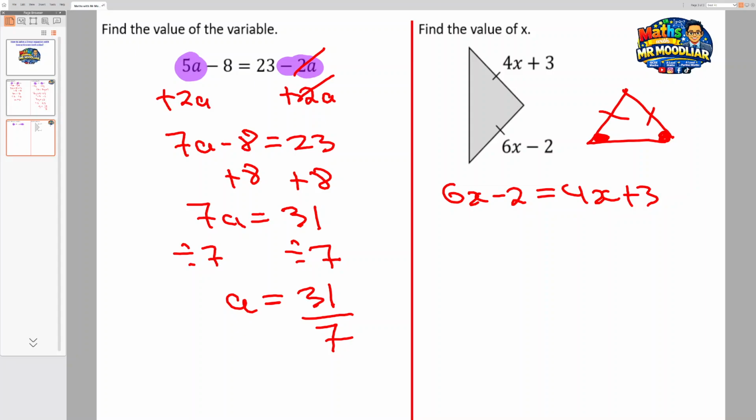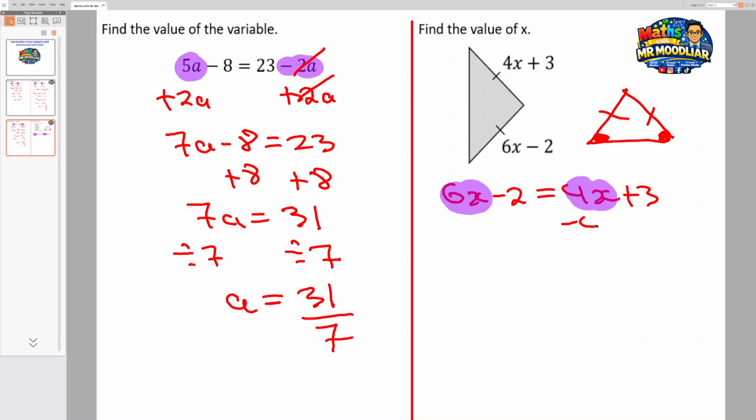Now from here, if you look at the first three questions that we've been doing, I'm going to use that method. So again, smallest value of x. Let's identify that. We need to be consistent with our method. So 4x and 6x are my unknowns, and the smallest value of x is on the right-hand side. What am I doing with 4x? I'm adding. So therefore, I'm taking away on both sides.